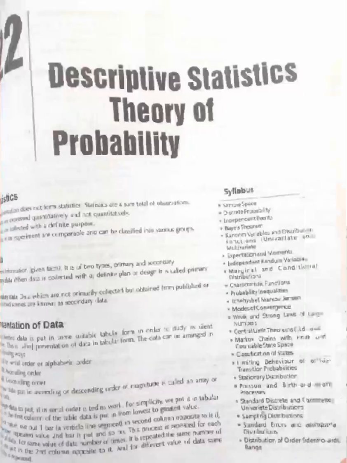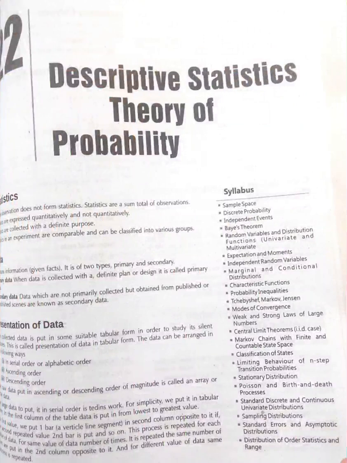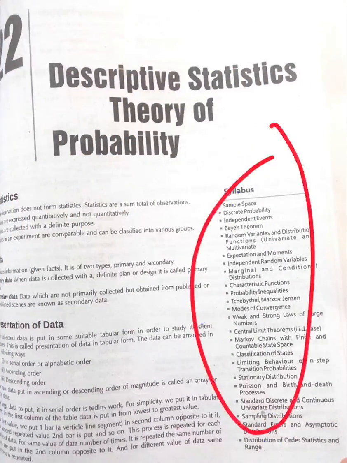After this we will review the statistics chapter also. These are the last cover pages of this book, and in chapter 22 we find the statistics chapter. In the statistics chapter this is the syllabus, and these are the related definitions and theorems in this book.